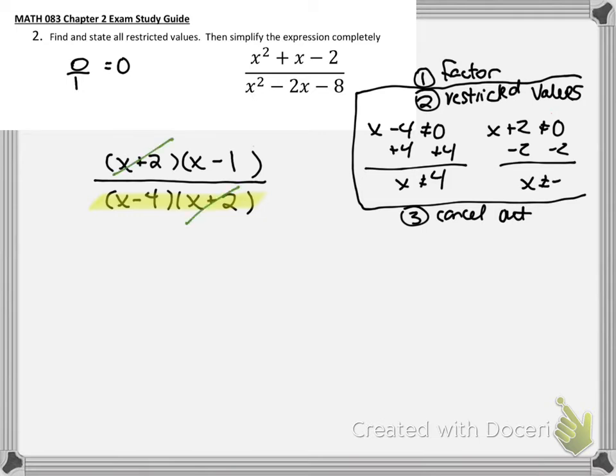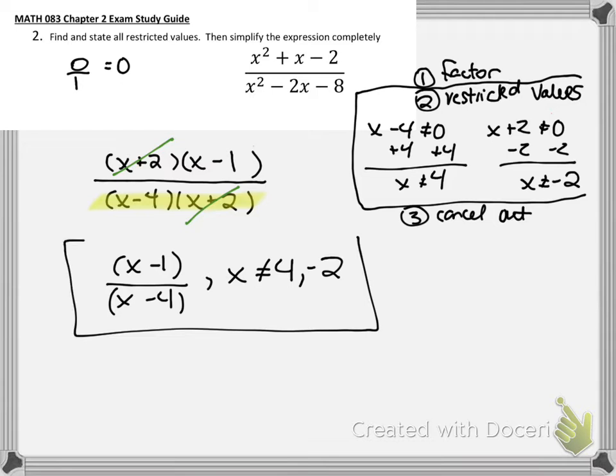The x plus 2 terms cancel out, and I am left with x minus 1 divided by x minus 4. But then remember, I need to write a comma and make a note that the restrictions are that x cannot be equal to 4, and x cannot be equal to negative 2. That's very important because those restrictions still apply to that expression.